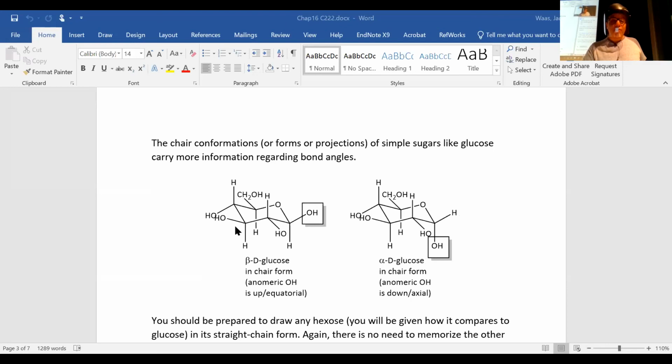One of the things you'll notice is the other 4 groups on D glucose are all equatorial. So I'm not going to make you memorize this, but memorizing that one is actually pretty easy as a result, because it just so happens that for D glucose, all of those non-hydrogen groups, again, leaving out the anomeric OH, that's different, but all of the other ones just so happen to be equatorial. I'm sure it's just a coincidence, but it certainly is a happy coincidence.